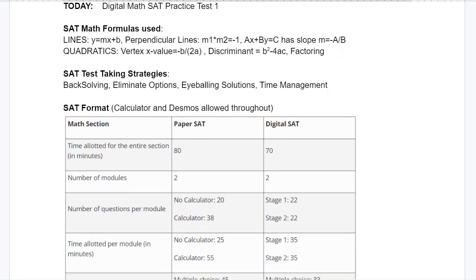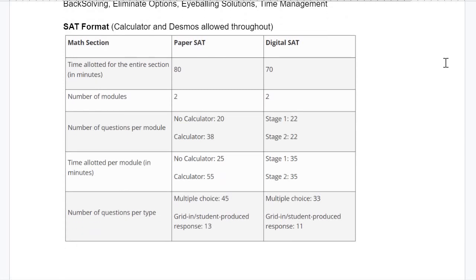First off, let me tell you a bit about the digital test and how it differs from the paper SAT. You only have 70 minutes instead of 80 minutes before. There's still 2 modules, but on both math modules you have 22 questions, and calculators are allowed on all 44 questions at all times, plus Desmos, which is now the new thing, and I will show you that as well.